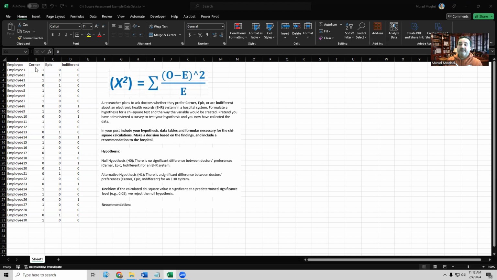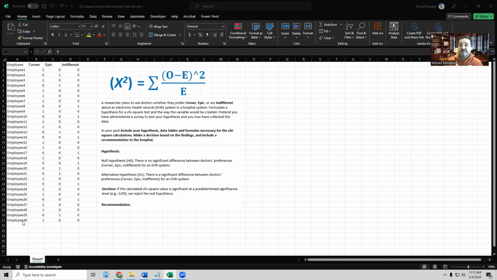If we have only one categorical variable and we have three options, what we need to know for this chi-square problem is whether the actual selections for Cerner, Epic, and indifferent are different from the expected. The expected, or the null hypothesis, is that there is no significant difference between those three choices. So they are basically equal to each other, right?